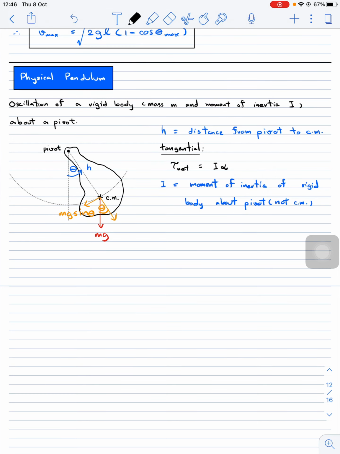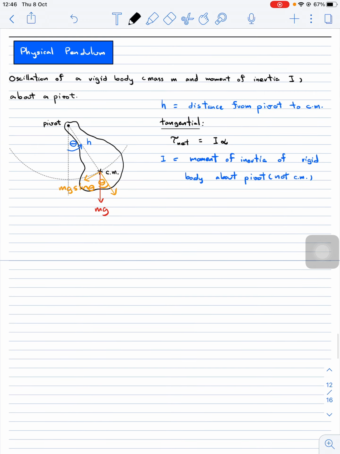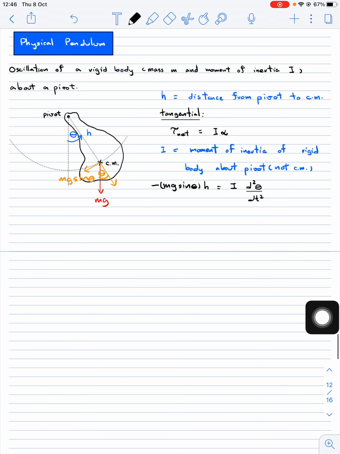Okay, so let's plug the net torque into this equation. We have negative mg sine theta, which is the force, times the distance from the pivot to the point of action, which is h here, equal to I times d squared theta over dt squared.